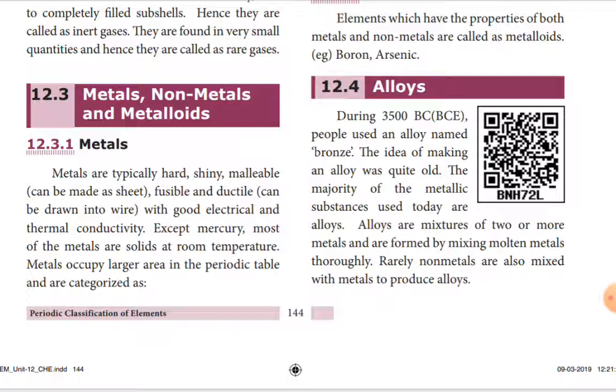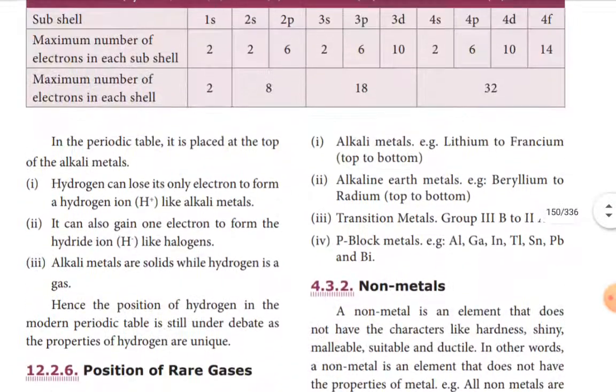We already learned the properties of metals: they are hard, have high melting and boiling points, and are malleable, ductile, sonorous and shining. These are the general properties of metals.